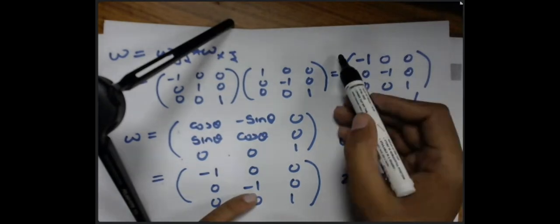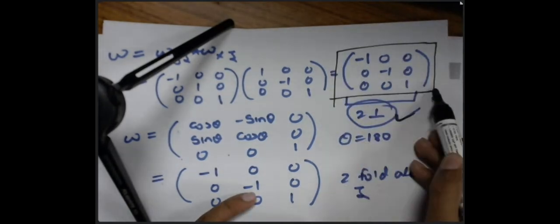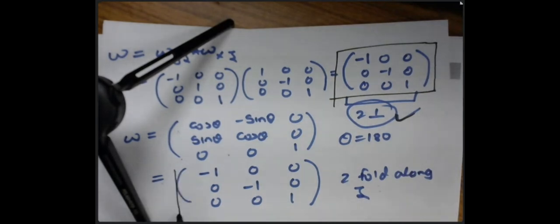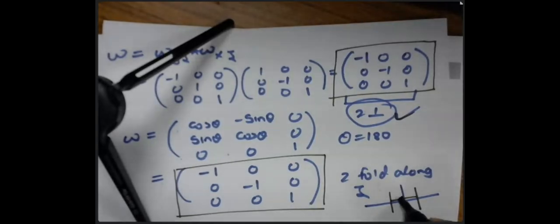So as we can see, their symmetry transformation matrices are exactly the same. And that's how we can say for any object which has two mirrors perpendicular to each other, at the intersection there will always be a twofold.